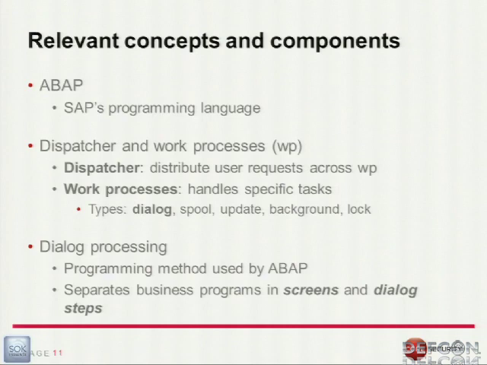Each work process handles and runs different tasks. There are 5 different work processes. We will be mostly focusing on dialog work processes, which are the operating system processes that parse all the requests coming from the dialog protocol.